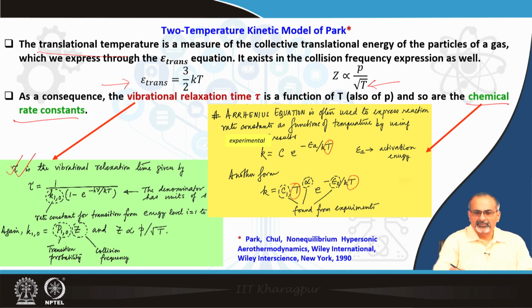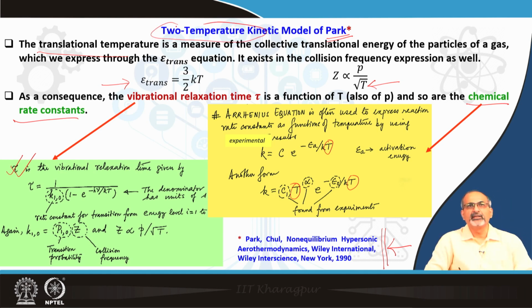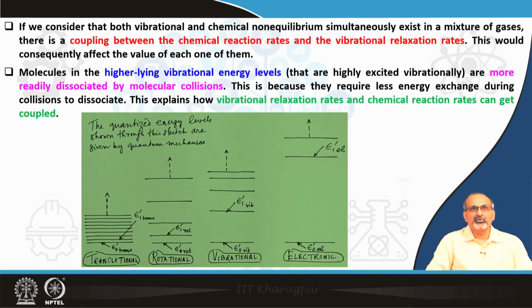And the model that we are talking about, which has been proposed by Park, has been mentioned in his famous book related to non-equilibrium hypersonic aerothermodynamics. It is a 1990 publication which you need to take note of, and we are essentially trying to talk about a two temperature kinetic model that he has proposed, and let us try to understand what that is all about.